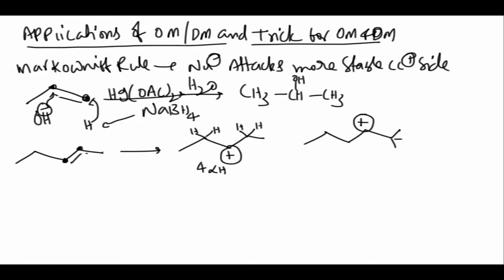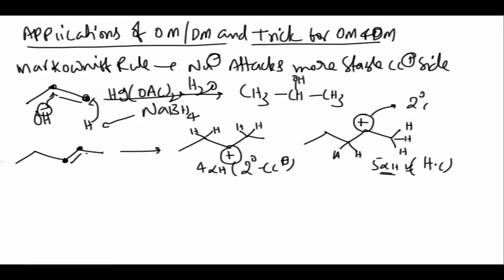Both are secondary only. One, two, three, four, five. One hydrogen is extra here. So how many alpha hydrogens are involved in hyperconjugation here? Five. Both are secondary carbocations, but one is more stable.